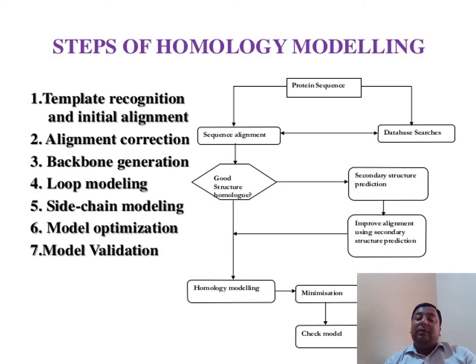So in that, a few more steps we need to follow in terms of aligning both target and template structures, template sequences, at the sequence level. We need to align those things, and then we will see how the similarity exists between the target and template.